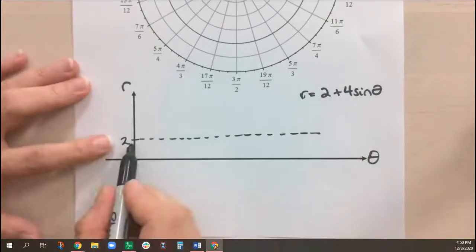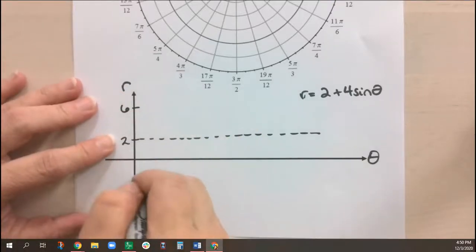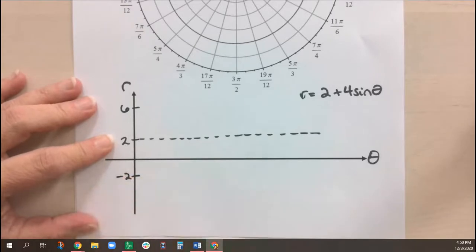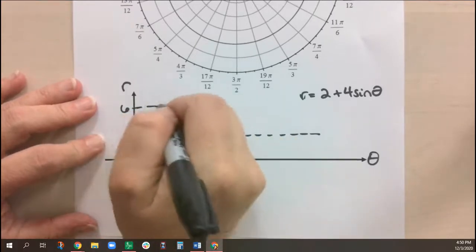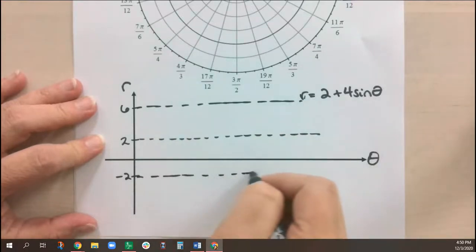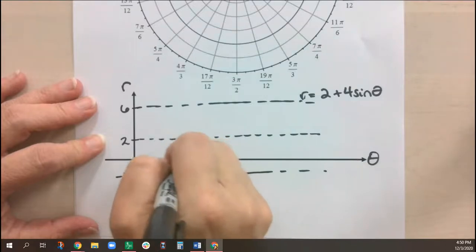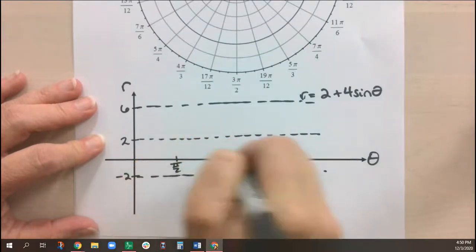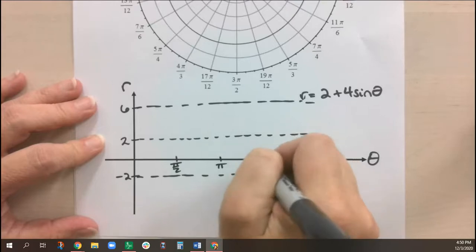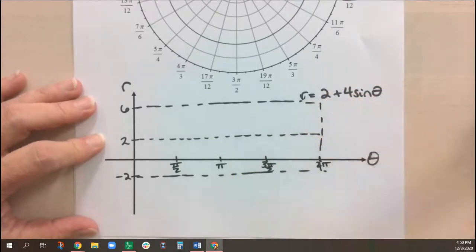That means from 2, this graph is going to go as high as 6, and as low as negative 2. So the maximum of my graph is here at 6. The minimum of my graph is at negative 2. And then I'll mark off pi over 2, pi, 3 pi over 2, and 2 pi. So my graph should end by here.